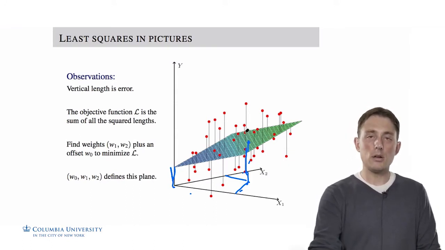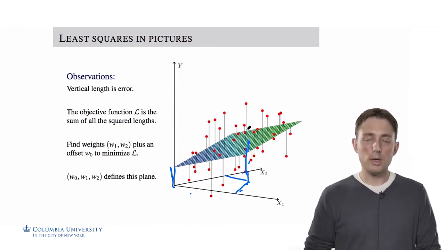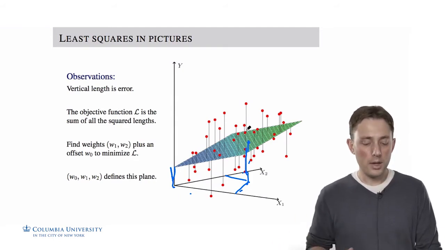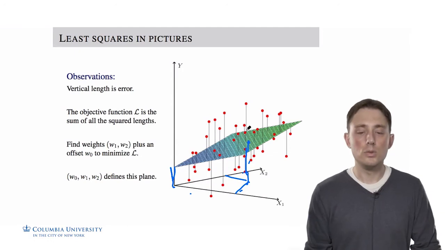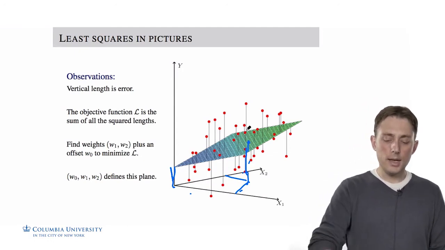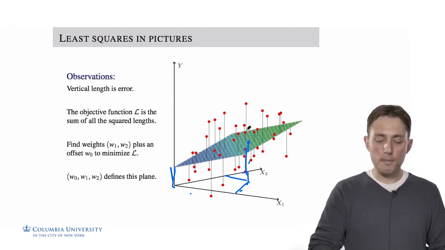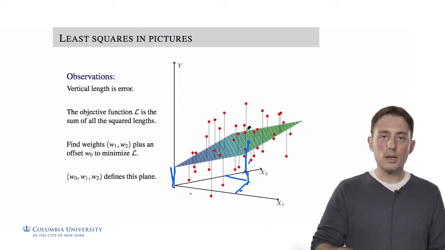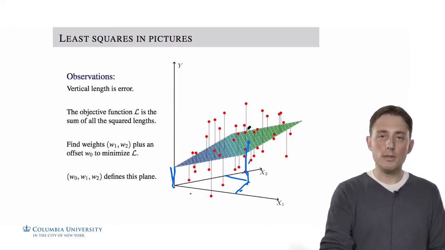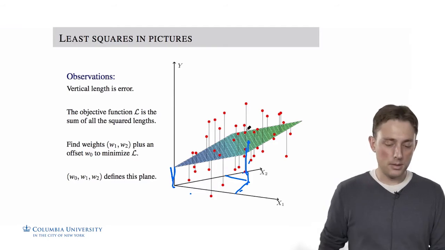That length is our error of our prediction. We then square that value, sum up those values, and that's our total error. And so what least squares is trying to do is find an orientation for this plane so that it cuts through the data in a way where the sum of the squares of these lengths is minimized.